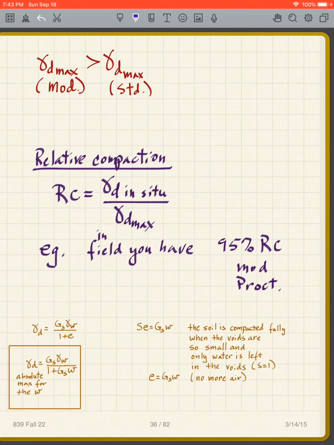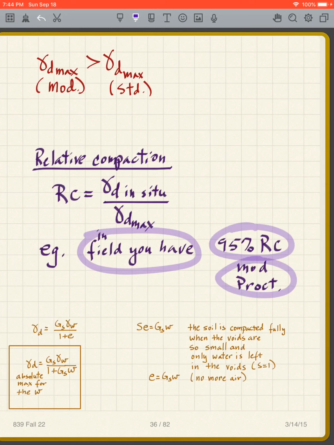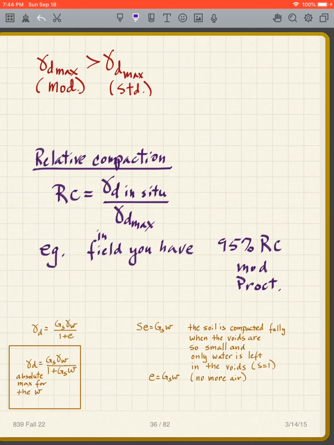And so what we say is, for instance, in the field, we may have 95% relative compaction, modified Proctor. So we can get gamma D max modified and gamma D max standard based on our test in the lab, and then we use the lab test to tell us how we are doing in the field. And we usually have it as a percentage.